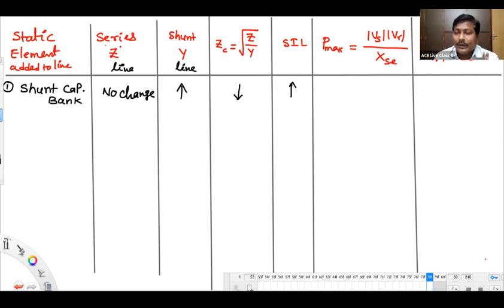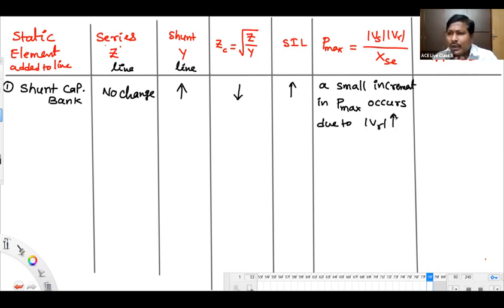Pmax will be more or less same. But there is a small increment in receiving end voltage. Because of that, a small increment occurs in the Pmax value also, due to mod VR increment.